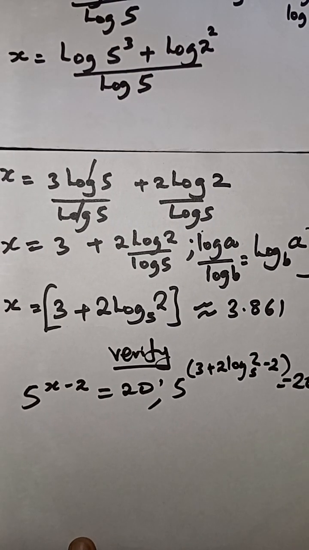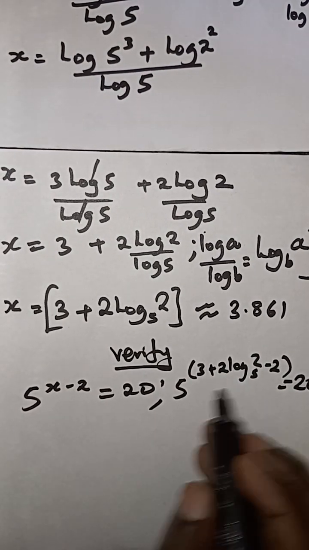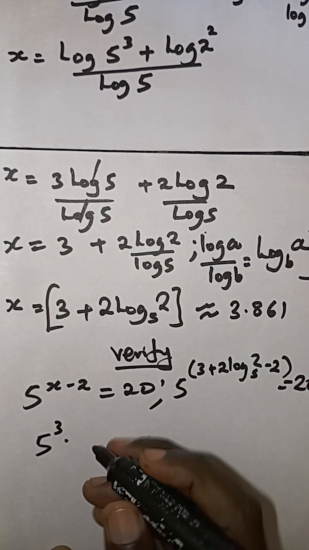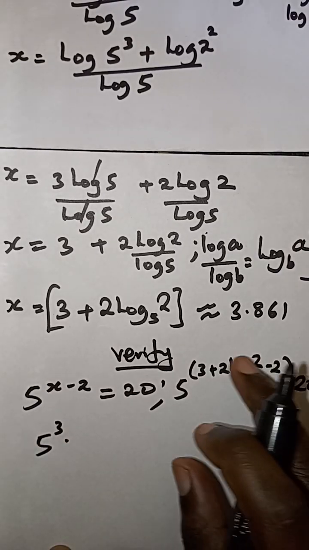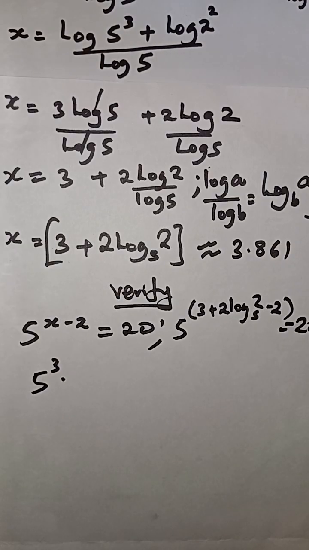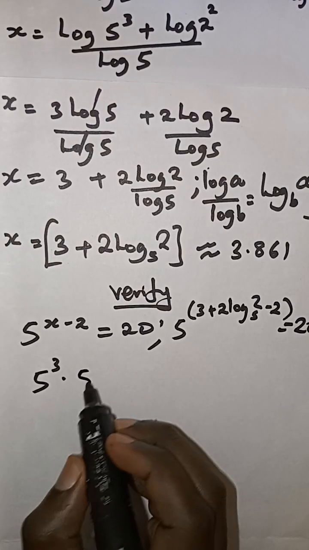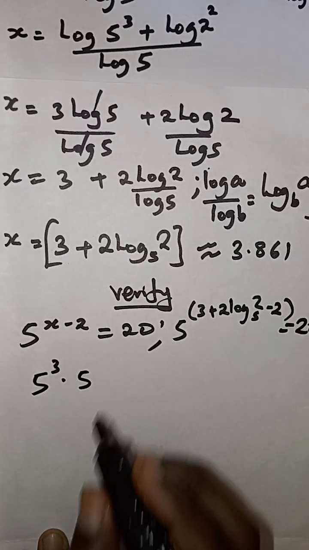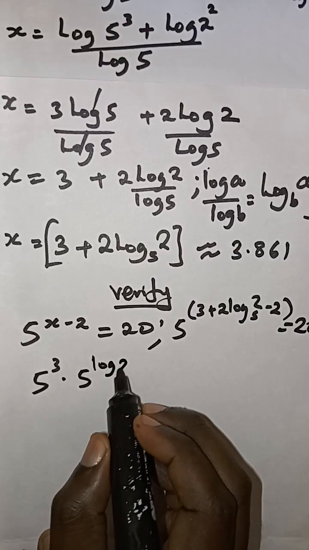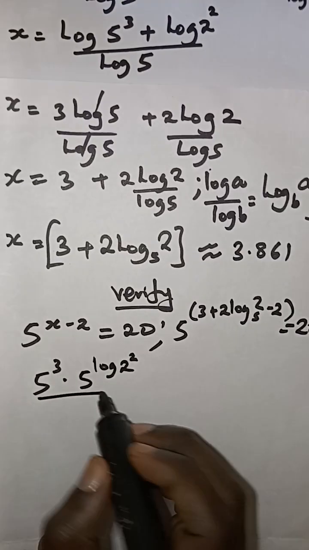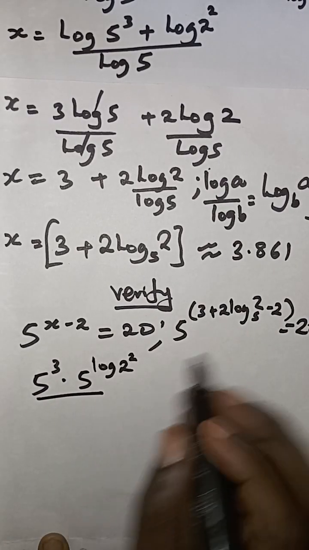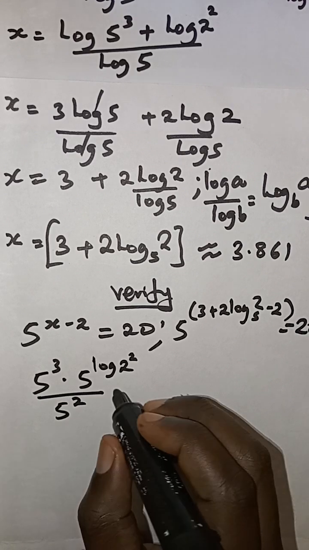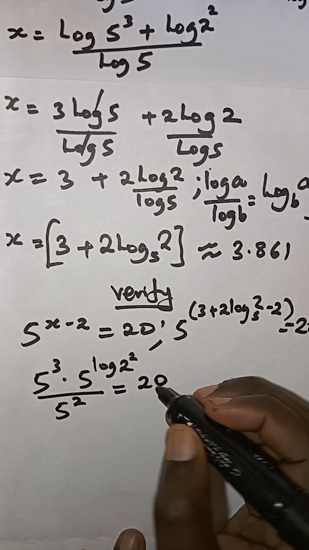Next, here the powers are added, so separating them, the bases are going to be multiplied. I'm going to multiply the bases since the powers are added. So multiply by 5 raised to, of course these 2 can come there, as the log of 2 power 2, and when I'm subtracting, it's equal to dividing by 5 raised to power 2, which should give me 20.